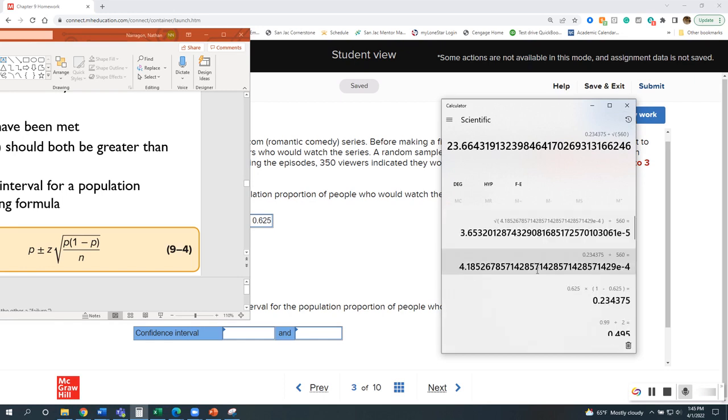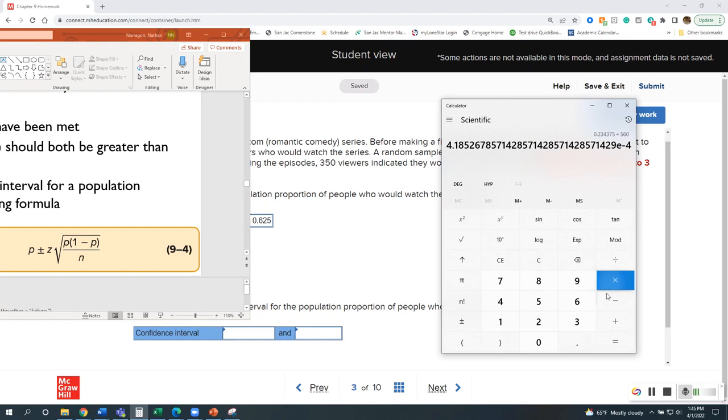No, I don't think that will work. Okay. Equal. Then square root that. There we go. And then finally multiply it by our 2.57, which comes out to 0.0525.